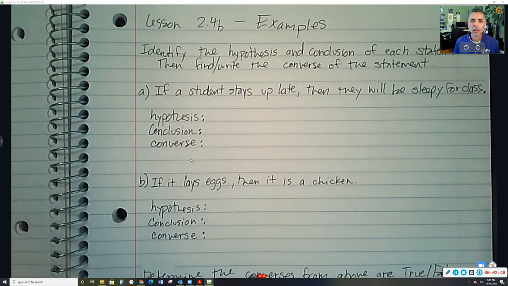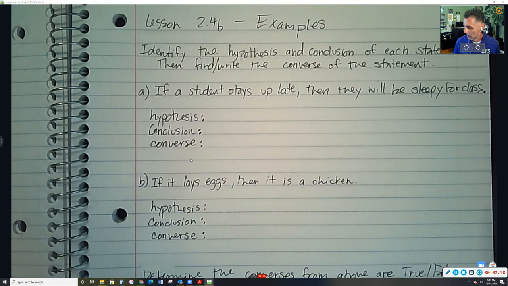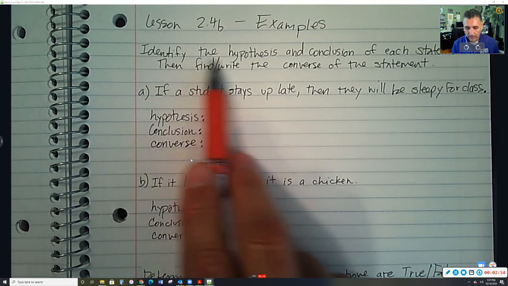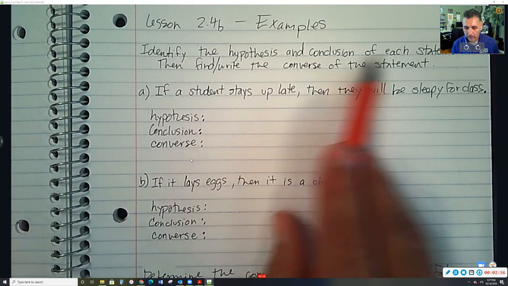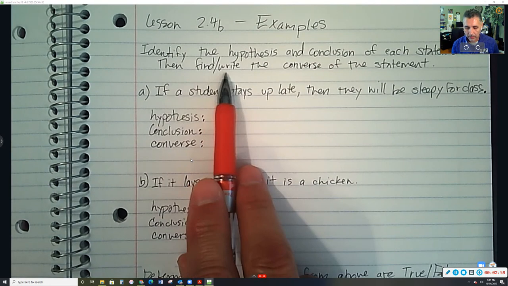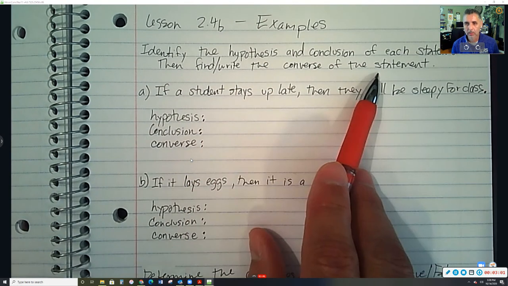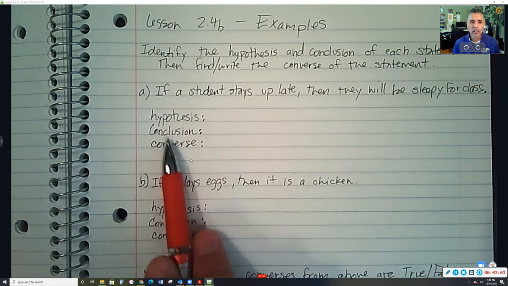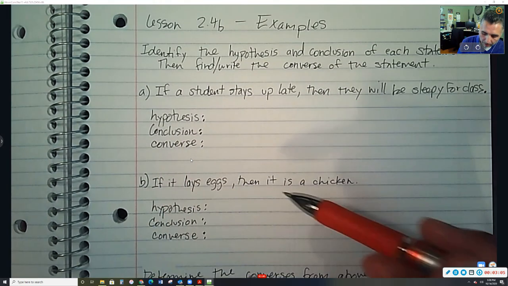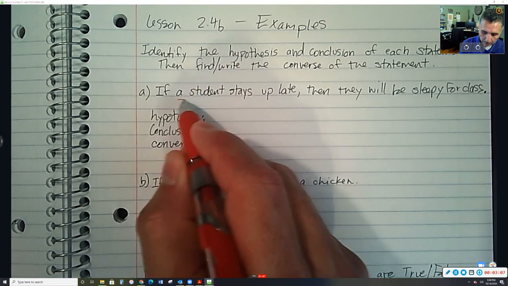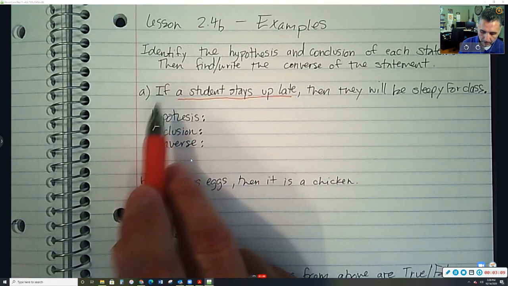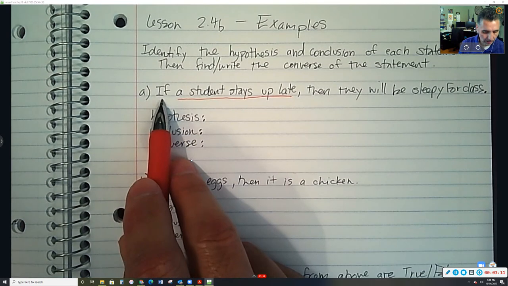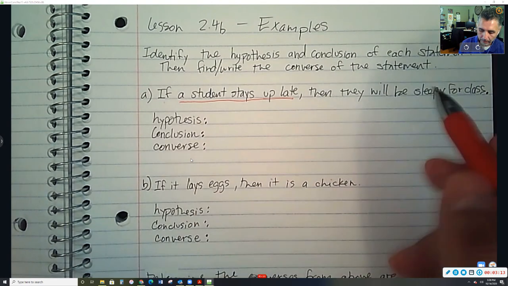So here's some examples. Let's see. I'll use red. It says identify the hypothesis and the conclusion of each statement. Then find or write the converse of each statement. And again, the hypothesis is always after if. That's what I just wrote down over here on the left-hand side.